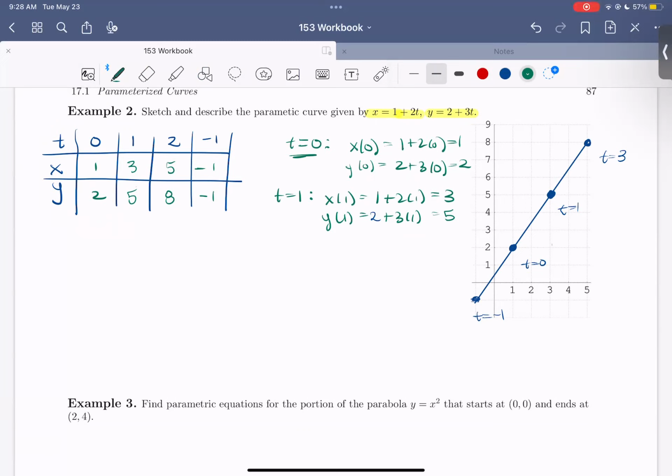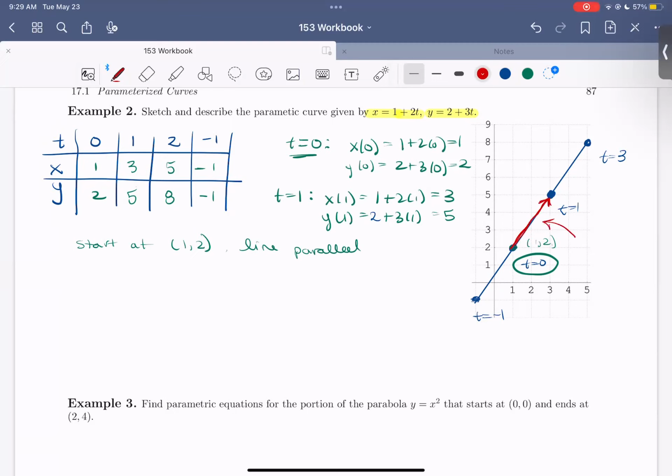So how might we describe this line, and how might we even come to see this line from the equations given? One thing we can always consider is when t equals 0, that's kind of our starting point. This starting point occurs at 1, 2. So we can describe this line by saying we start at the point 1, 2, and we get the line that is parallel to the vector that goes from our point when t equals 0 to our point when t equals 1.